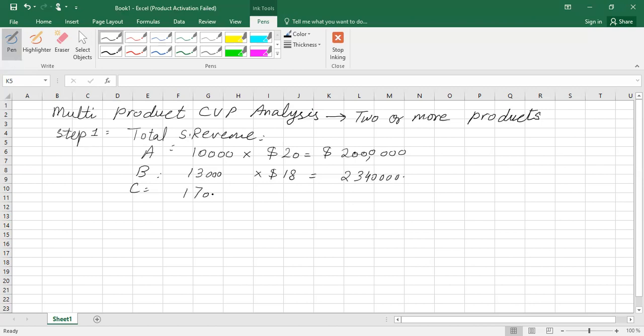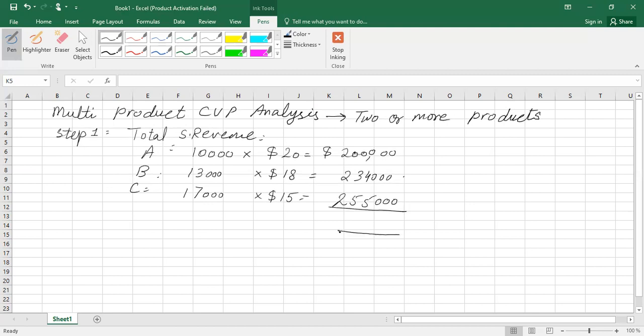Suppose the third product is C, which has a demand of 17,000 and its selling price is 15. So its sum is 255,000.